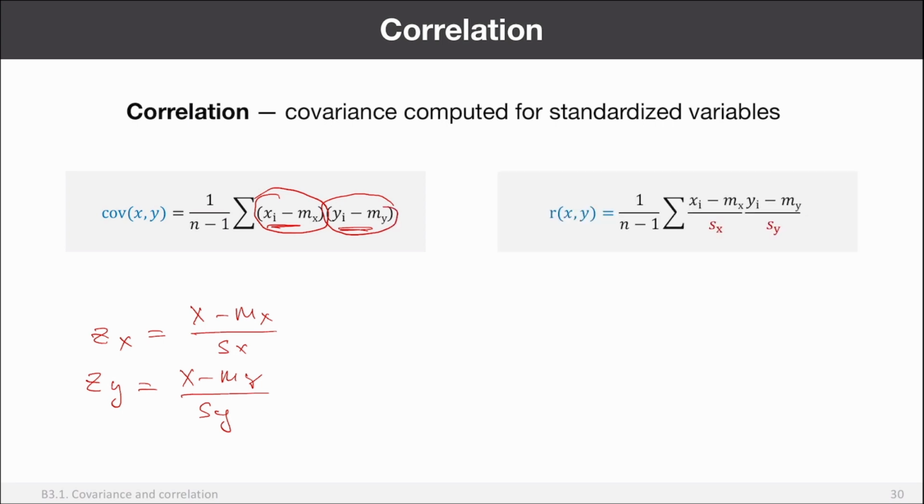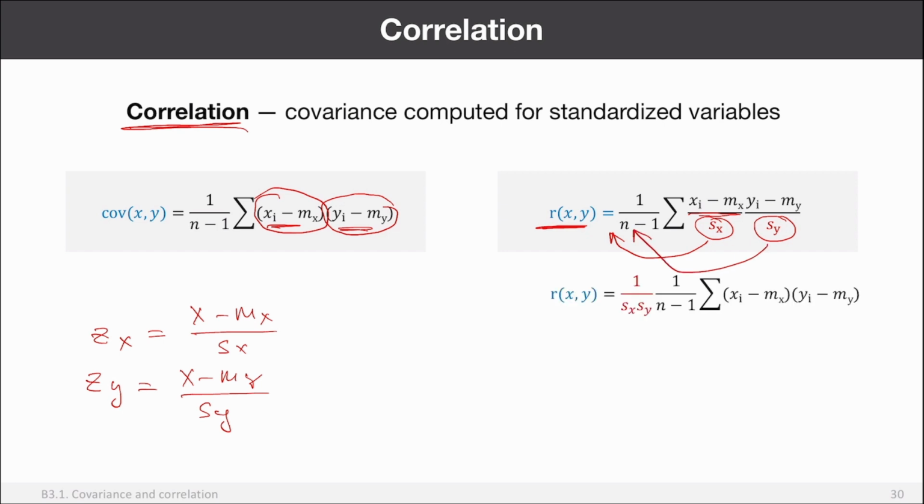This new statistic we will call R, and you already see the name, right? It's a correlation. So correlation is when you take a covariance, but you standardize your values first. You can see I standardize the values first. But because neither the standard deviation of x nor the standard deviation of y changes inside the sum, right? They're constant. We can put them outside the sum, right? And if we do that, that's what we got. But look, what is this?